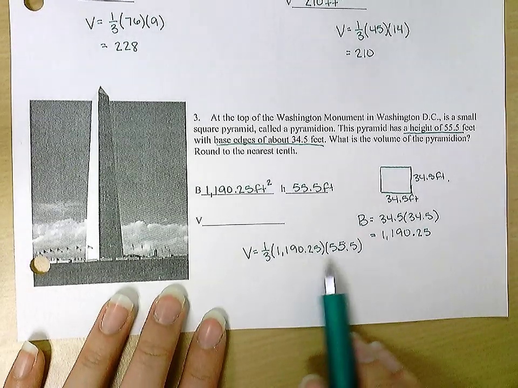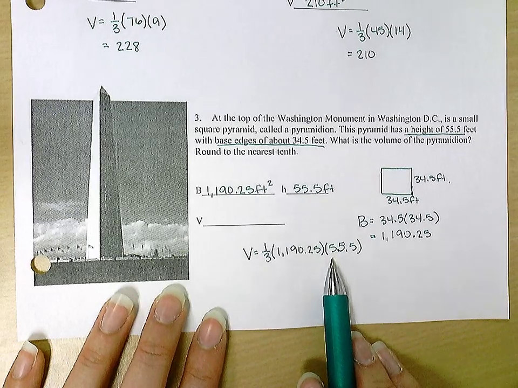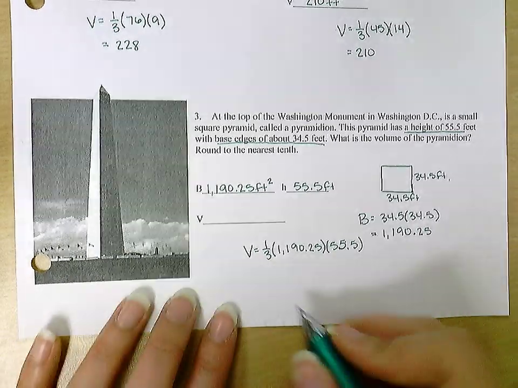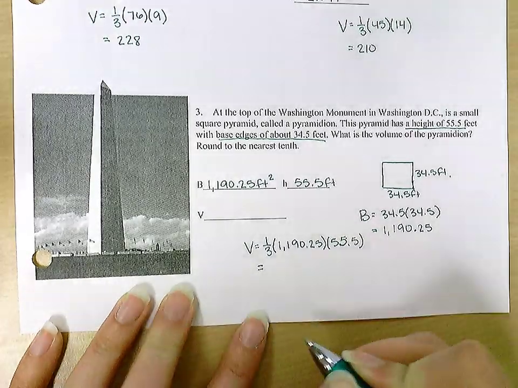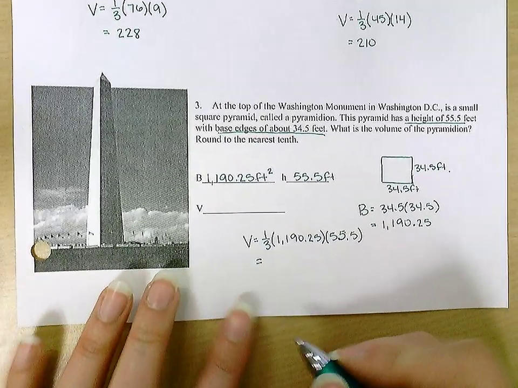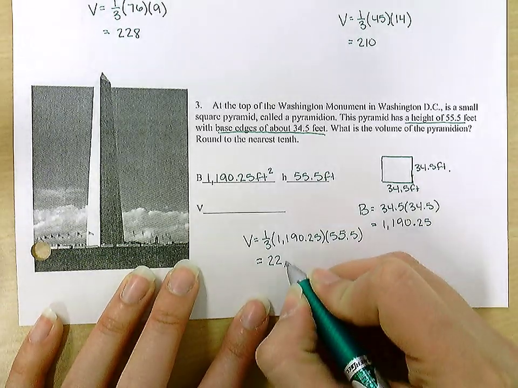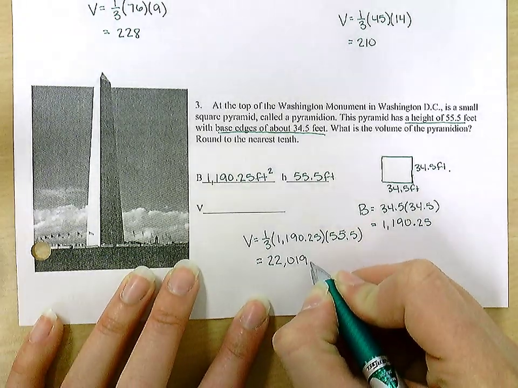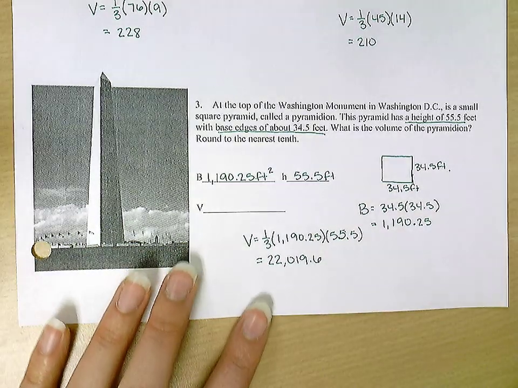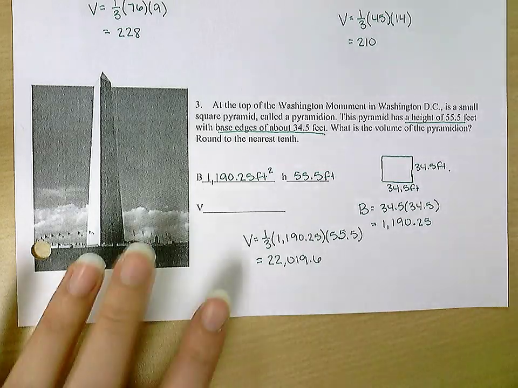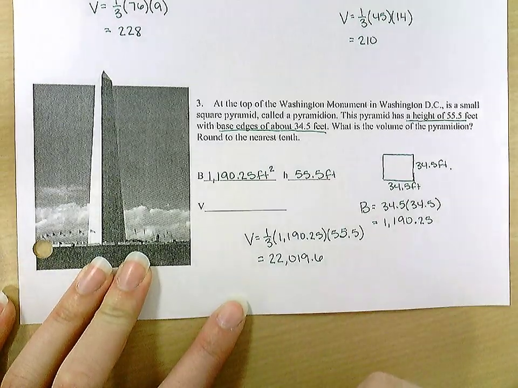Multiply these two values together and divide by 3 to get your volume. I got this volume to be about 22,019.6, and that will be in feet cubed.